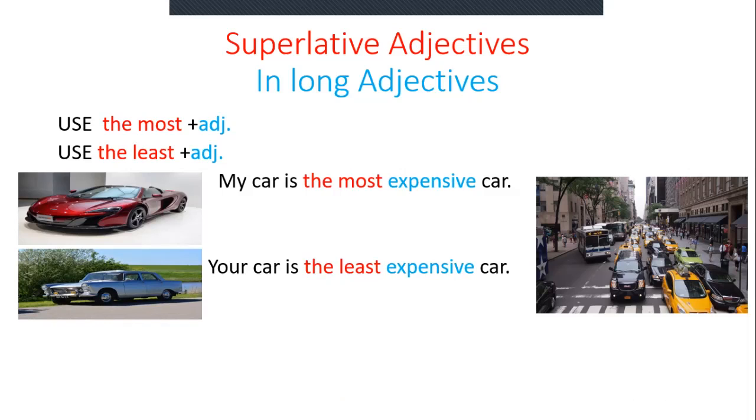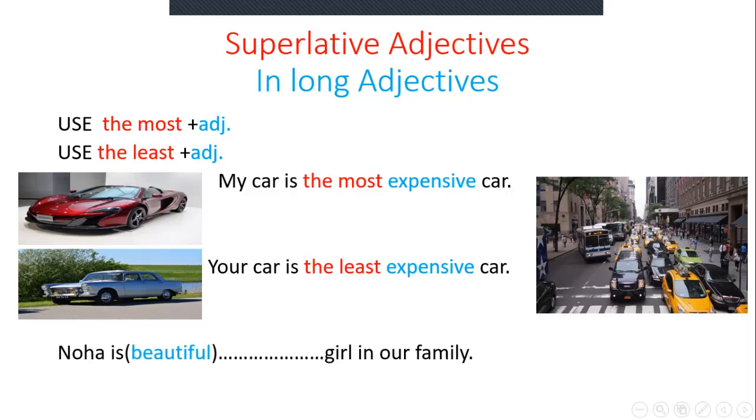The least expensive. Okay, here, my students, we make superlative adjectives with long adjectives. Here we compare between one object, or between this car and all these cars. So here we can use the most plus long adjective or the least plus long adjective.